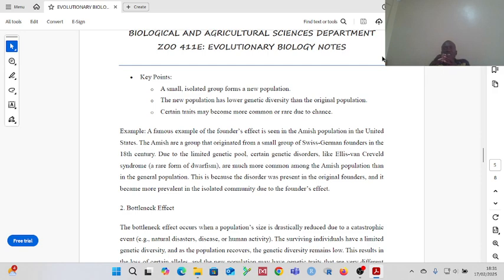Then, as this isolated population continues to reproduce, continues to interbreed, it will bring new populations that have a lower genetic diversity compared to the parent population that the isolated group came from. The reduction in genetic diversity will mean some traits, some phenotypes in the new population will either be rare or more common compared to the parental population.